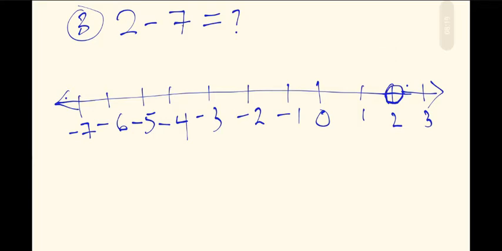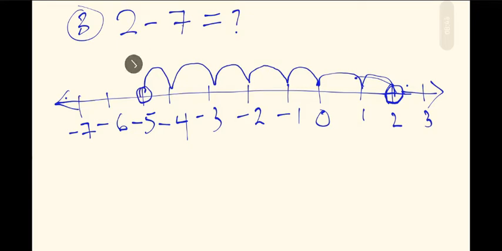Because we are subtracting, we move backwards. So let's start the counting. We have 1, 2, 3, 4, 5, 6, 7. So we fall here.